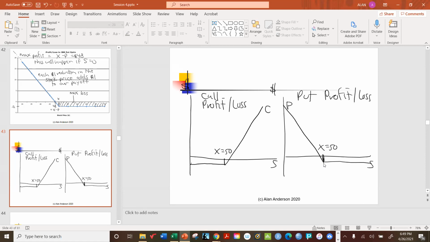You can actually imagine that there's a mirror here separating the two. And so from left to right, they are the same. Okay, so that's kind of important.